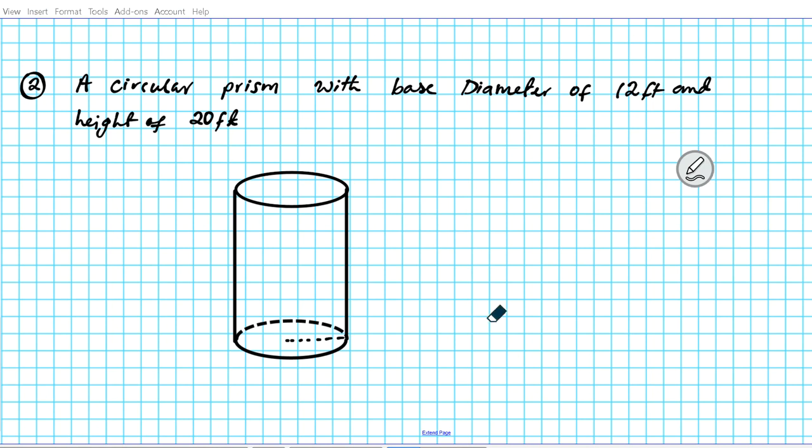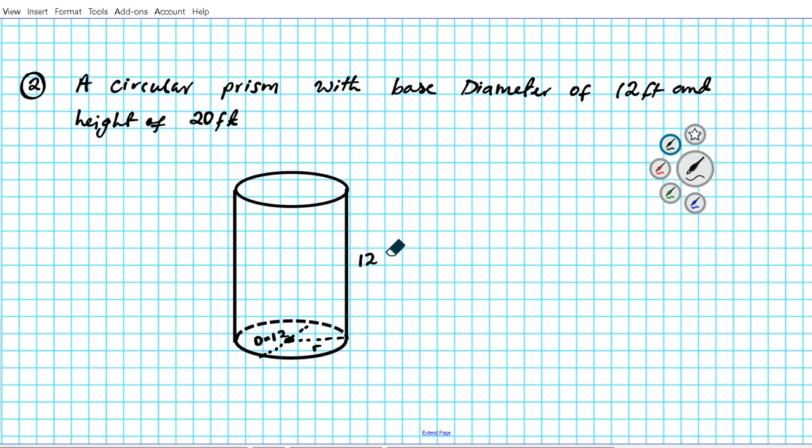Okay, so that's a sketch of our circular prism. In this particular case, the base diameter is 12. So if we go across, that's going to be 12. And then the center is right there. So that's the diameter, and of course this is the radius from the center to the circle. Alright, and then the height is 12 feet.